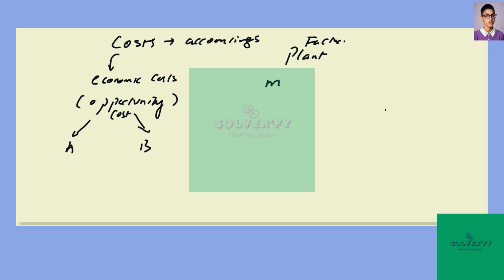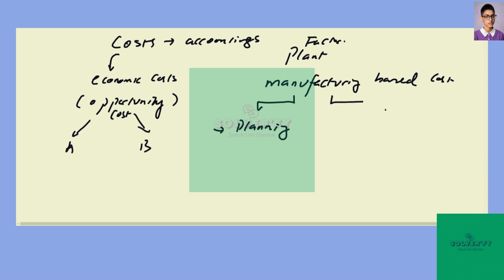There are costs which are manufacturing based costs, and these costs can come in at the planning stage. So at the planning stage, for example, you can plan to build some kind of specific equipment, and then once you make the planning and you budget for the costs in the future, those costs are going to be affected.